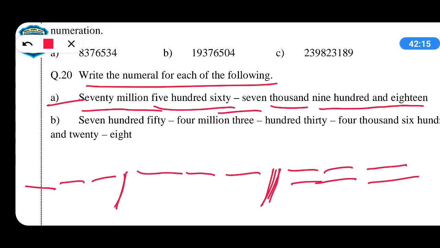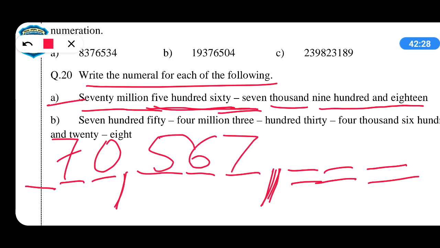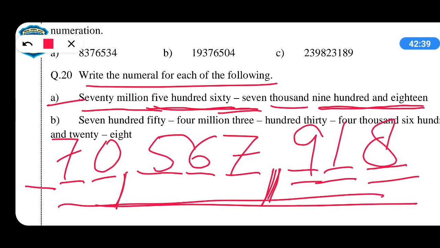So 70 million. So you have to write 70 million, 567,000. Then 918. So in this way you can write the number, right?